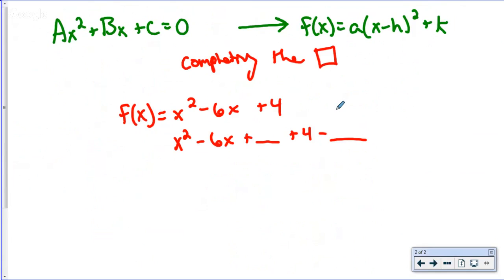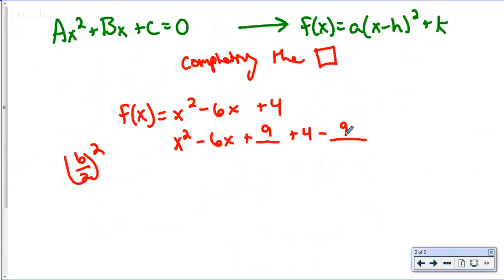And how do I know what goes in the blank? That is b divided by 2, squared. So you take negative 6 divided by 2, which is negative 3, squared is 9. So you're actually adding and subtracting 9.